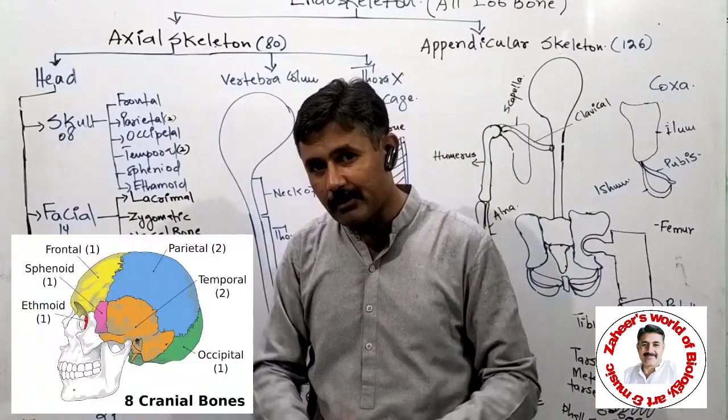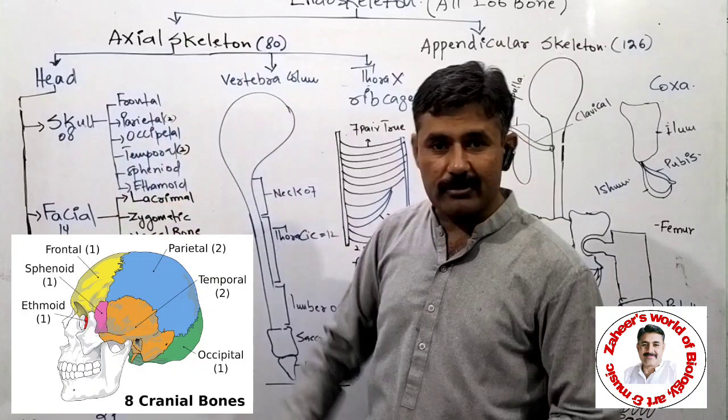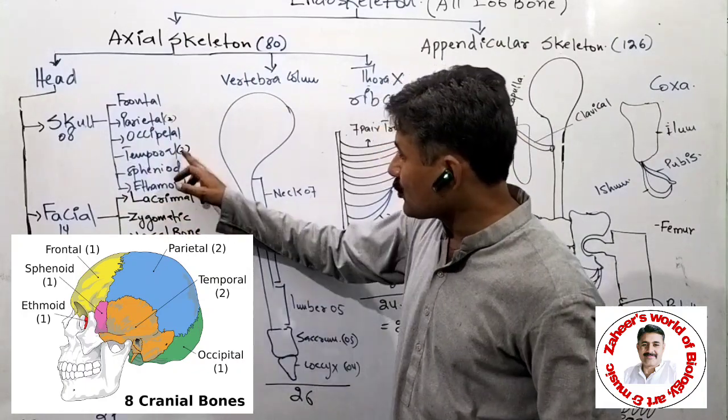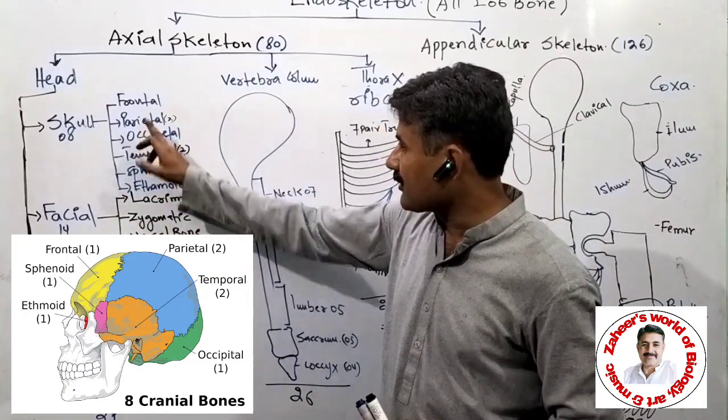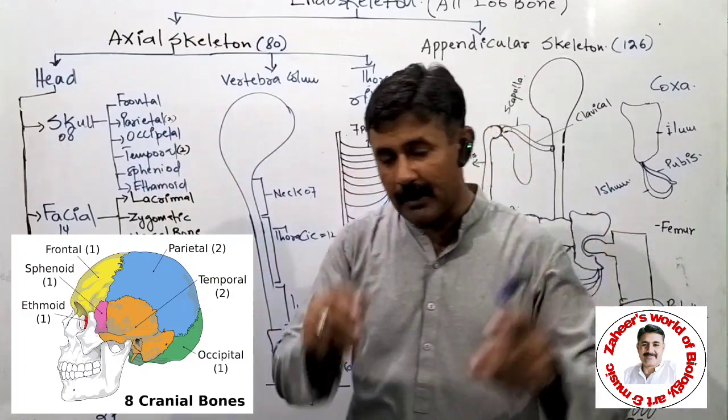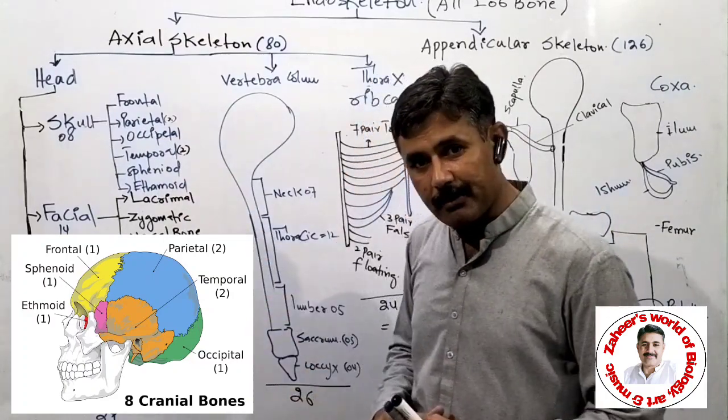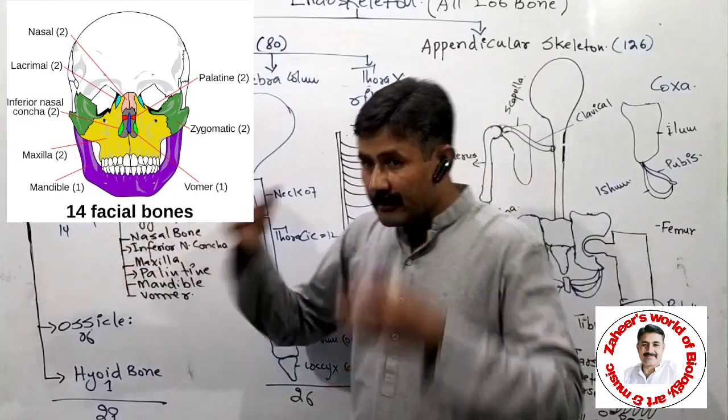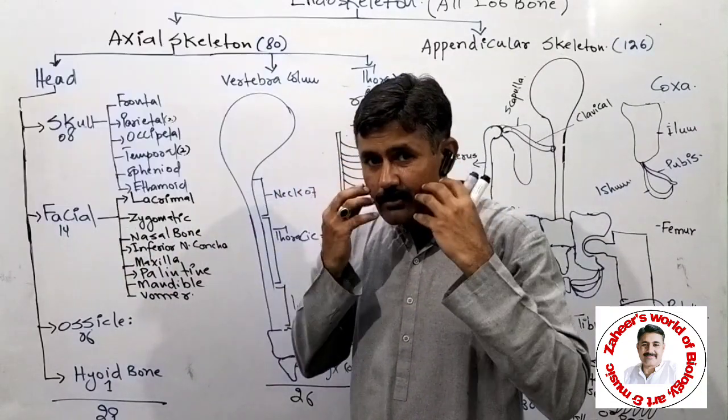These all combine to make the 8 bones of the skull, out of which parietal and temporal are in pairs, whereas the other bones are unpaired. Then down from the skull, we have the facial bones.